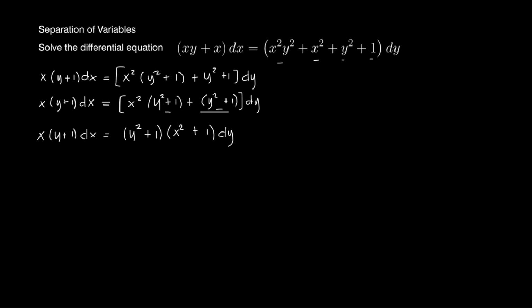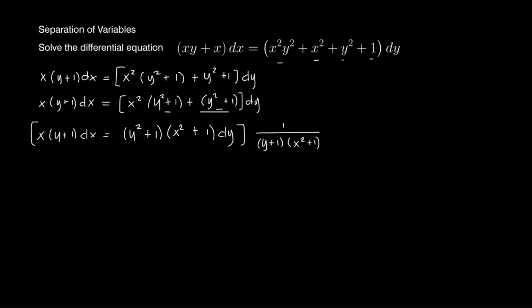All functions of x will be coefficients of dx, all functions of y will be coefficients of dy. So we will multiply the whole equation by 1 over (y + 1)(x squared + 1).